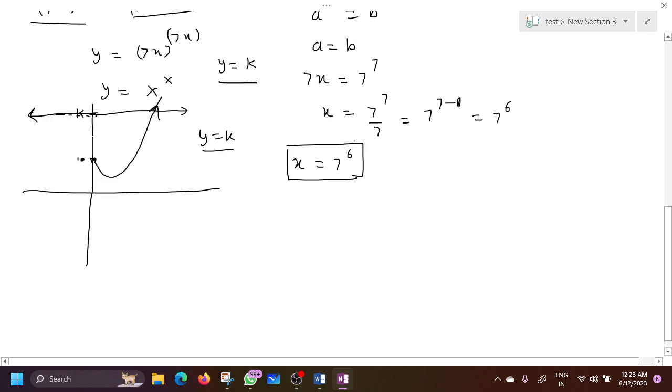So we are getting only a single solution at the intersection point of y is equal to k and the equation of the form x to the power x. If we solve these two equations, we get a single solution from the graph. So that's why x is equal to 7 to the power 6 is the only solution.